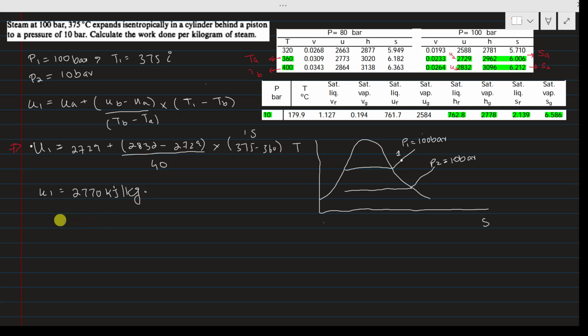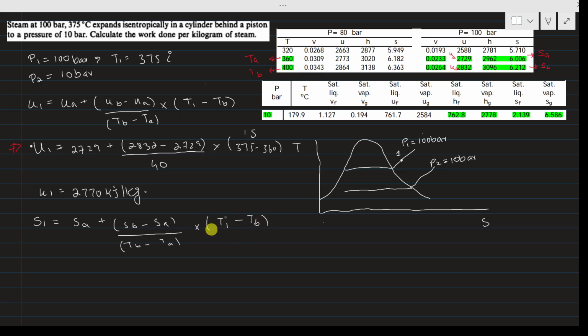Okay, next we need to find the entropy. Similarly, we use the same interpolation formula: S1 equals SA plus SB minus SA divided by TB minus TA, multiplied by T1 minus TA.